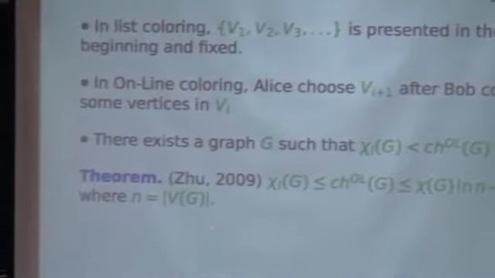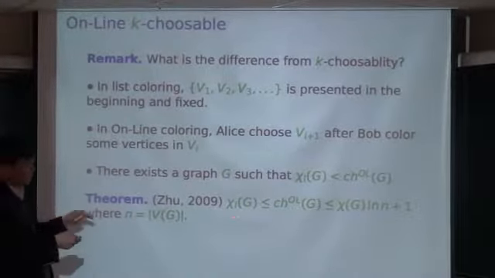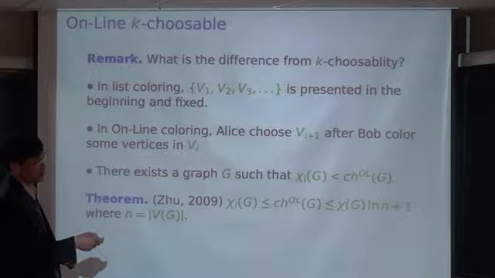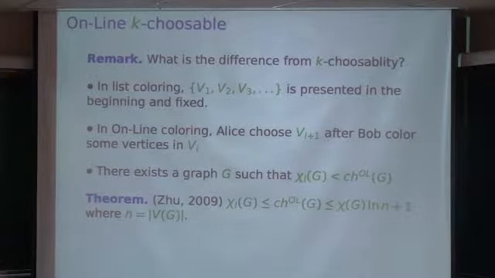And then he obtained a general upper bound of the online choice number: chromatic number times log n plus 1.